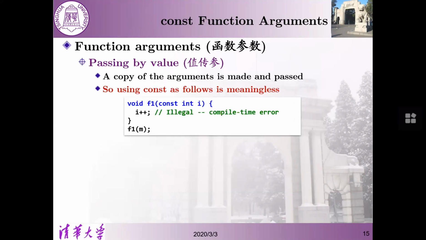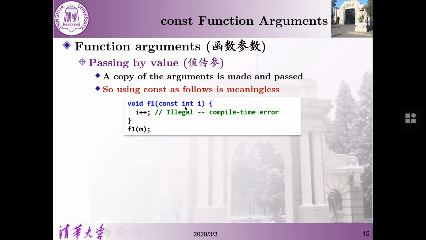For const arguments, we can use const in the arguments in functions. There are 2 ways of passing function arguments. One is pass by value, which is mostly used.